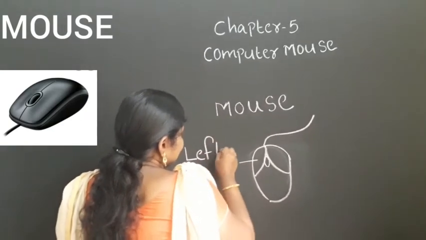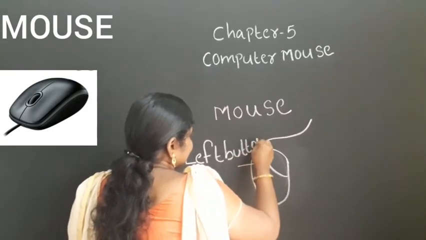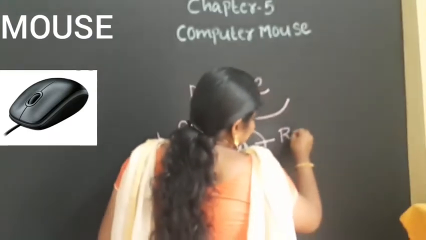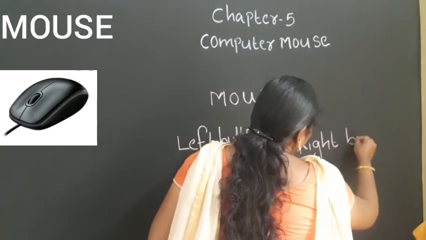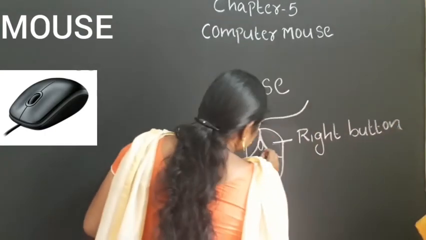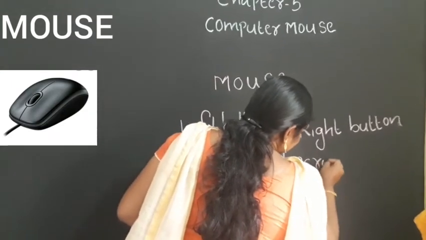Left button. Okay. This is the right button. Right. This is called a scroll wheel.